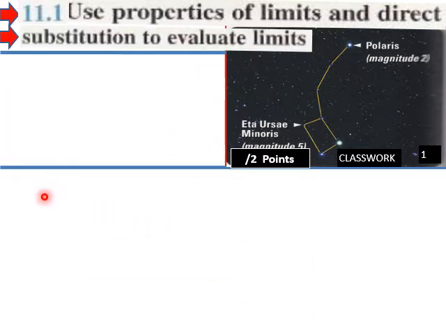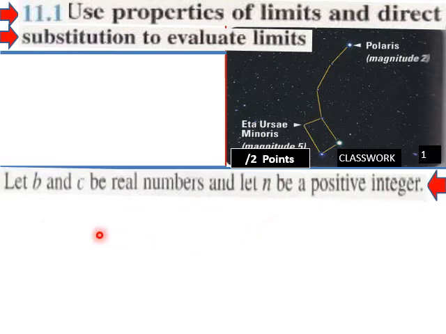So what do we have here? Let b and c be real numbers and let n be a positive integer. So here are rules of limits here. The limit of b where x goes to c equals b. The limit of x as x goes to c would be c. And then the limit of x to the nth power as x goes to c would be c to the nth power.